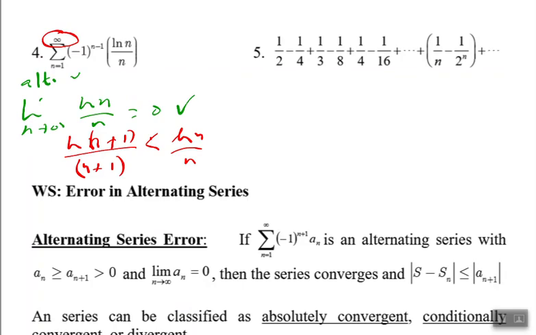So we wanted to know whether or not, and this is kind of crazy-ish, I have to remind you, I didn't write this down, natural log of n plus 1 over n plus 1. So we want to show that the natural log of n plus 1 over n plus 1 is less than the natural log of n over n.